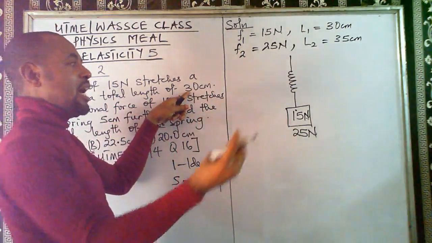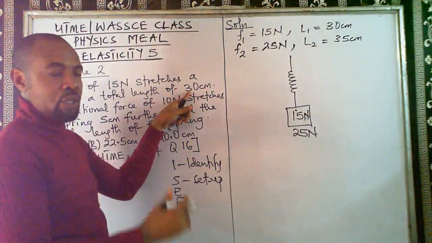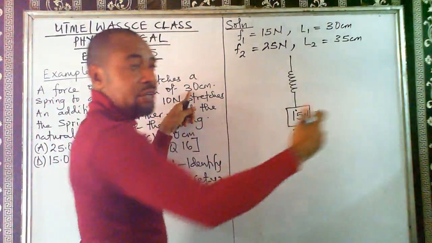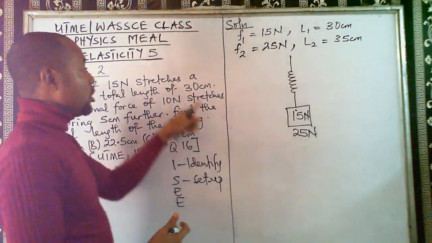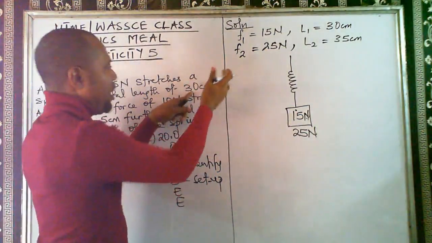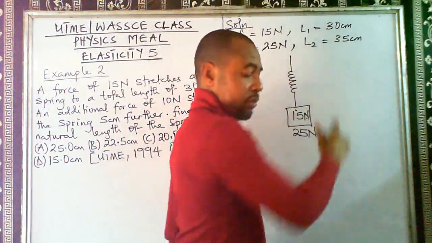Now they say when an additional force of 10 newton was added to this particular force, we had an extra 5 cm extension on that body. So from 30, an extra 5 will now give us 35. That's how we arrive at this.